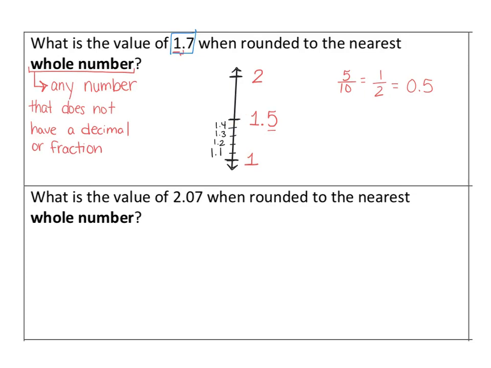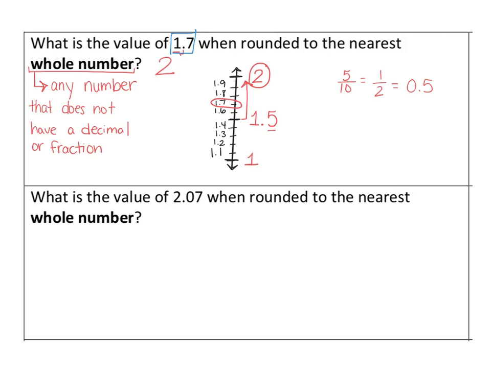Then above that, we have 1 6/10, 1 7/10, 1 8/10, and 1 9/10. And then we have 2 wholes. So we can see that 1 7/10 is right here. So it is above 1 5/10, so we are going to round up to 2 wholes. So 1 7/10 rounded to the nearest whole number is 2.